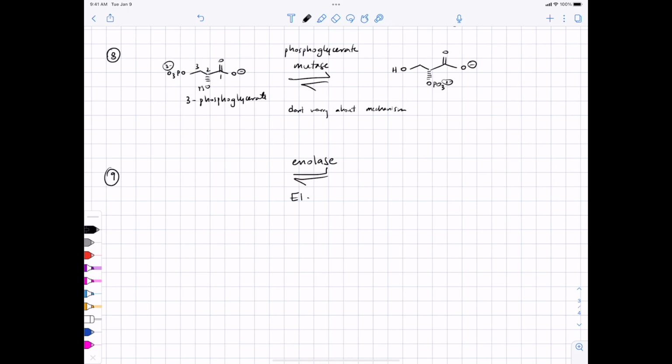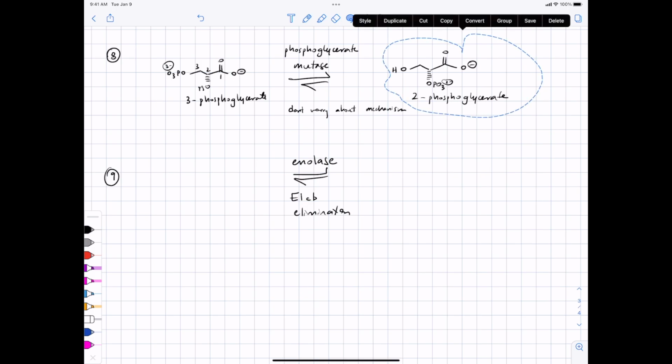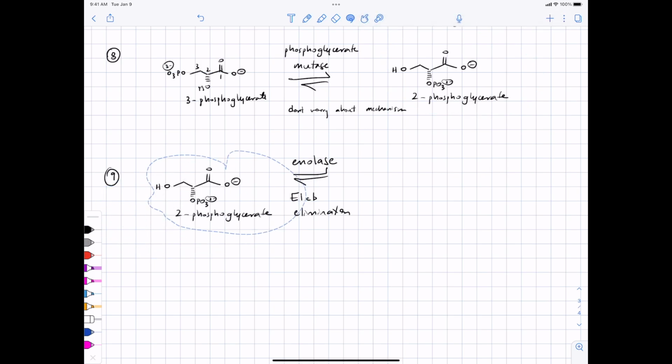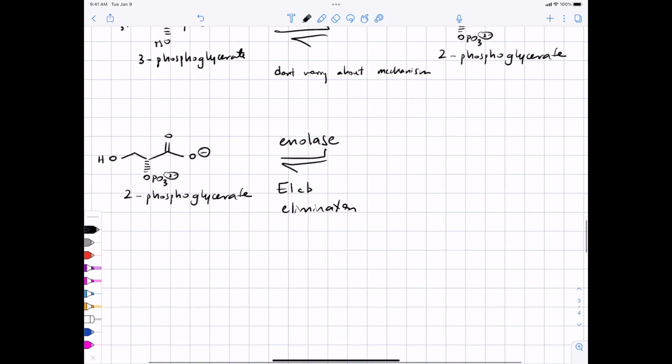And yeah, the mechanism is basically E1CB elimination. We're going to start with 2-phosphoglycerate, and the product is going to have a double bond between carbons 2 and 3.